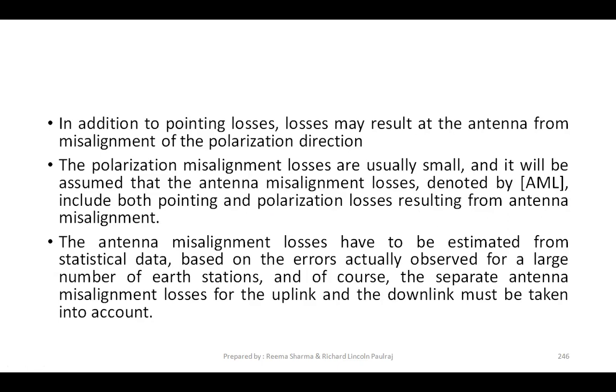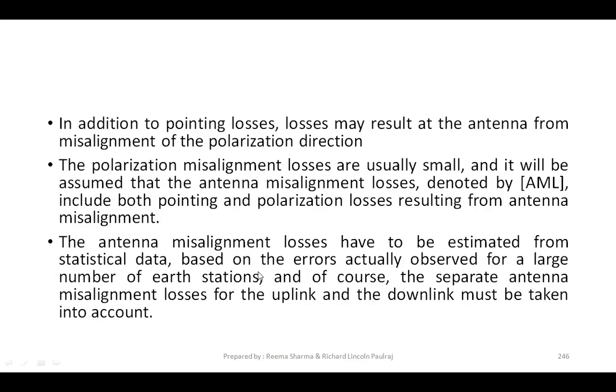What we are trying to see here is that due to misalignment, there is going to be a lot of loss. Antenna misalignment losses have to be estimated from statistical data based on errors that were observed previously. So you should have some data and know, if it's deviated by half a degree, how much error results. If it's going clockwise half a degree or anticlockwise minus half a degree, how much variation can happen just because of this alignment.